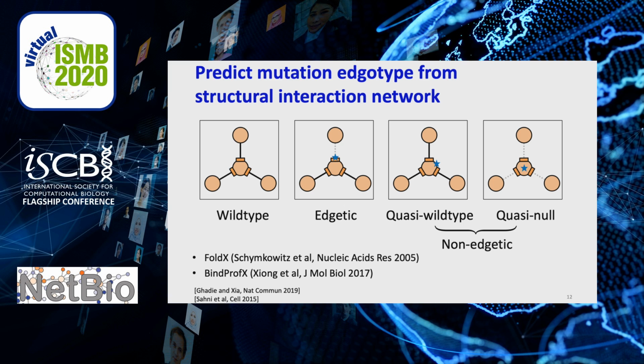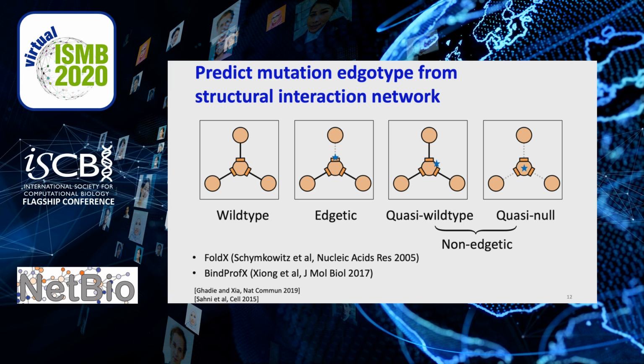Here are three different mutations on the same protein, but with different edgotypes. The first mutation is located at the binding interface mediating the first interaction, or edge. And as a result, the mutation specifically disrupts the first edge, leaving the other two edges intact. This mutation is called an edgetic mutation.